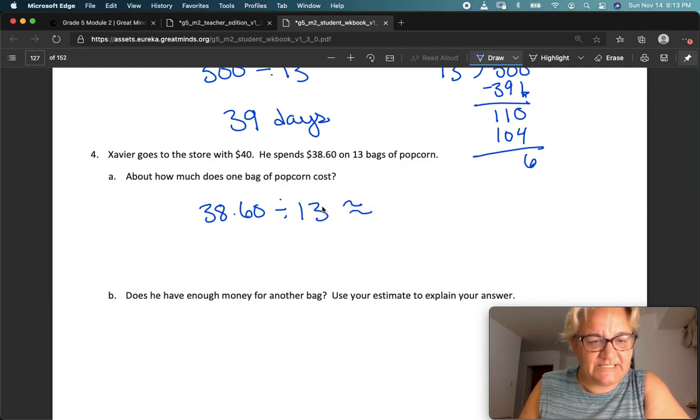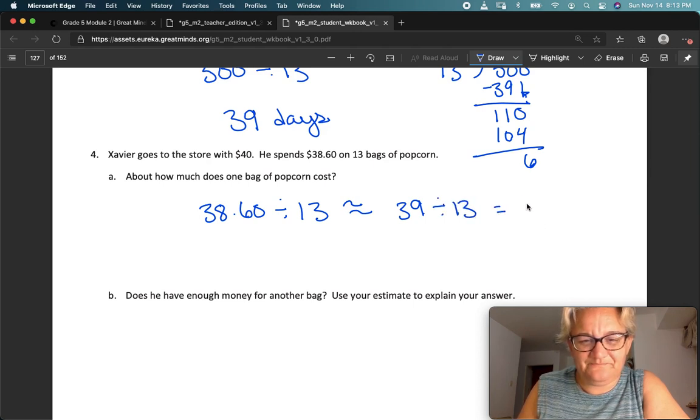So 13, see, 26, 39, yeah. We could estimate 39 divided by 13, which would equal $3.